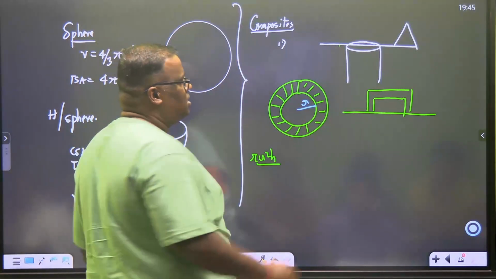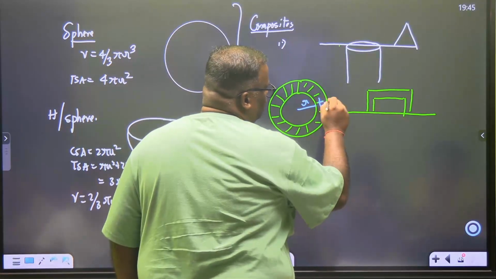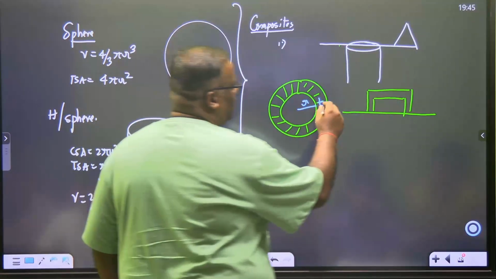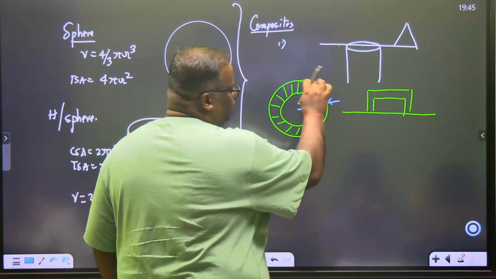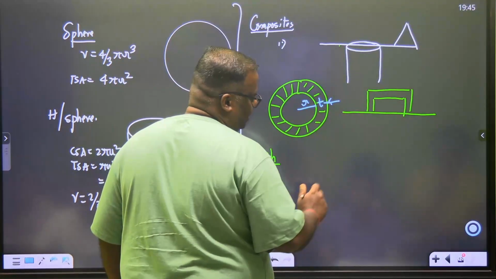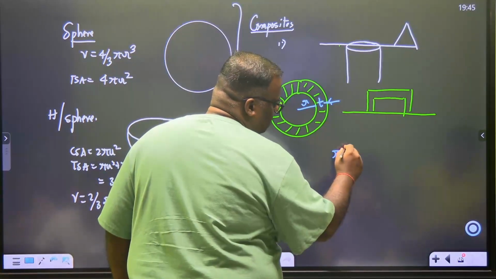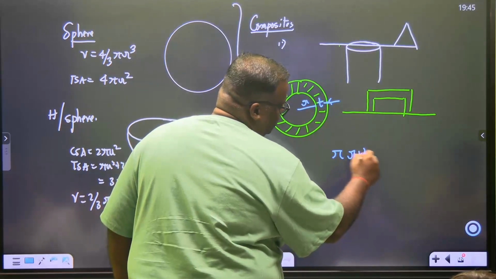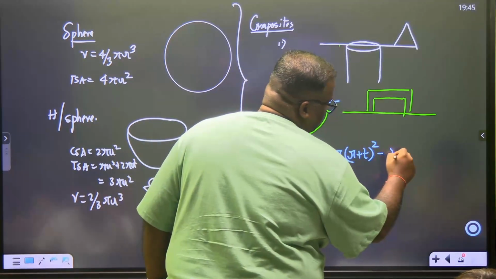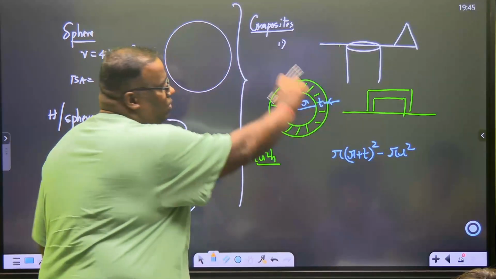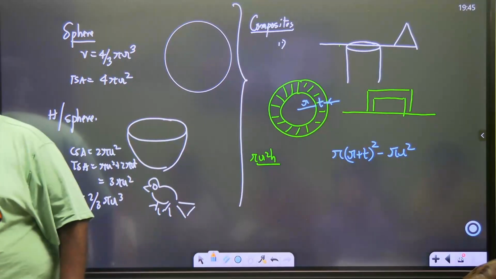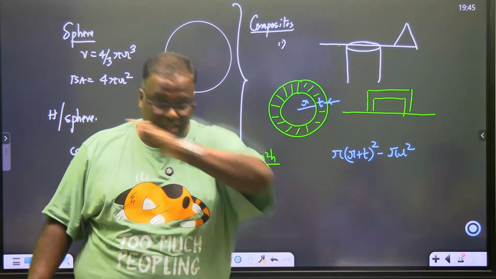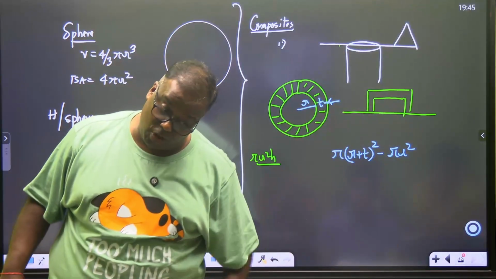And somebody says, please go for t amount of thickness. So what is the area of this mud? Pi times r plus t whole square minus pi r square. This is the area of the mud ring. This is the cross-sectional area. If I cut the well like this, then from the top I see it like this.